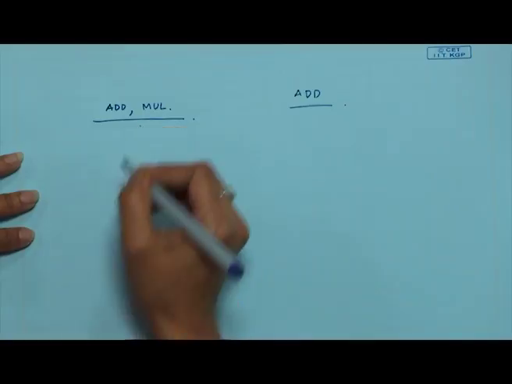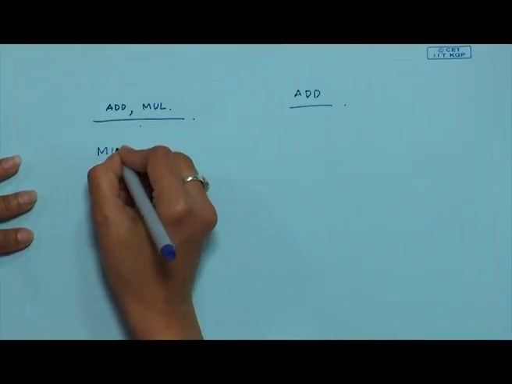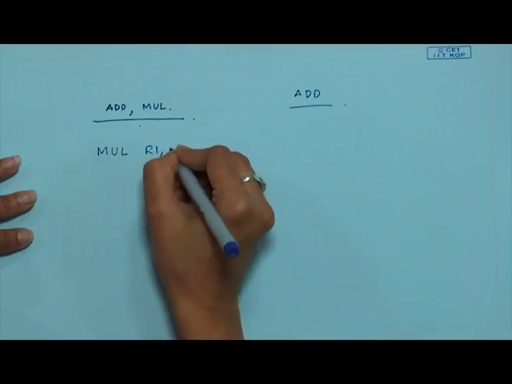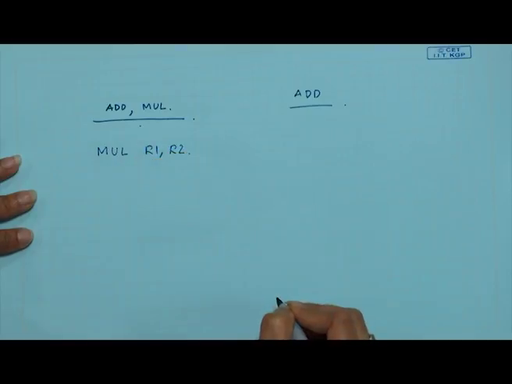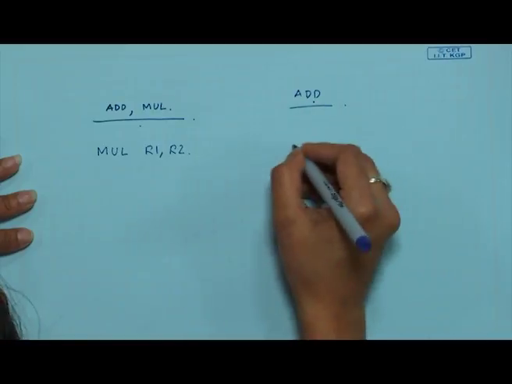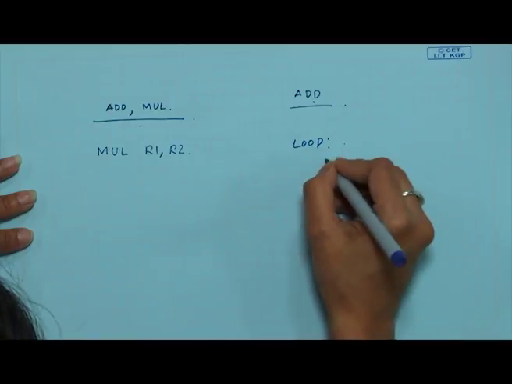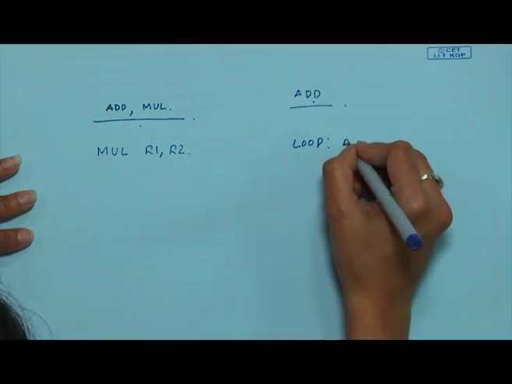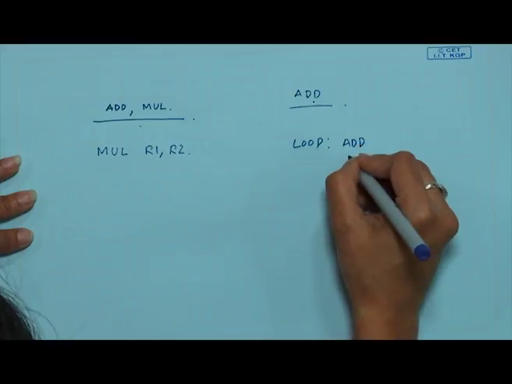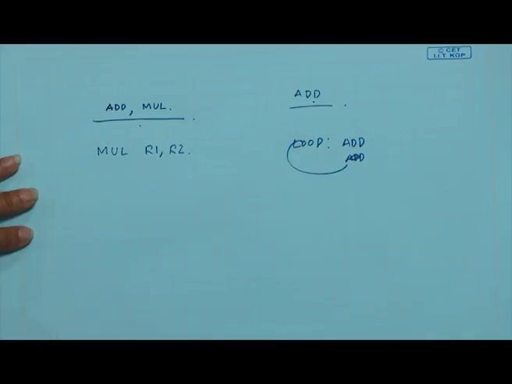In the first architecture, if you want to multiply two numbers, you can simply use mul R1 R2. But in the other case, if you want to use repeated addition, then you have to use a loop, and that loop will perform the addition a number of times. So, this add instruction may be used in that loop repeatedly.